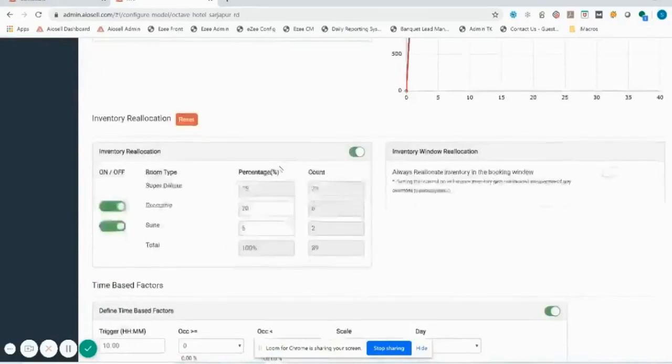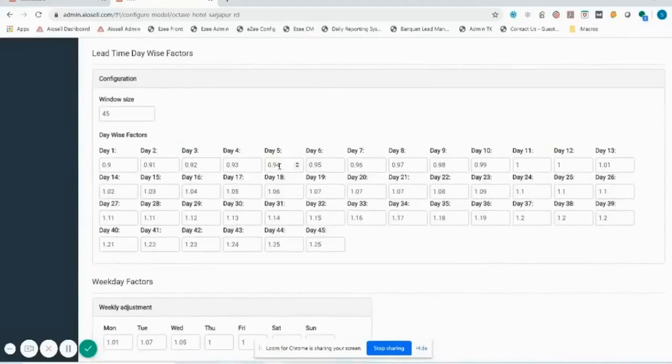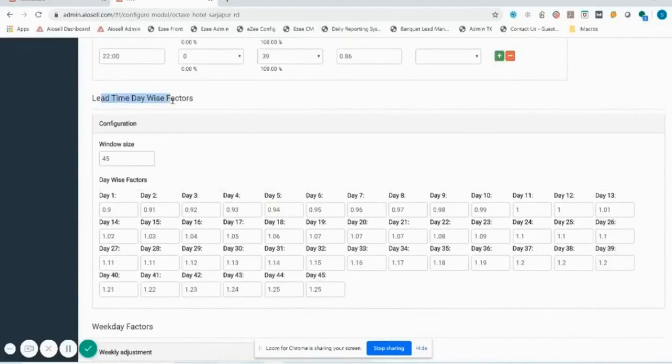So the next factor that we come to is called a lead time or a day-wise factor. So here what we see is the number of days during which the price of a particular hotel is kept truly dynamic. In this case, because this is a business hotel, we have defined 45 days, which means from today till 45 days from now, every day the price of the room will be fully dynamic, which means it can be completely automated.